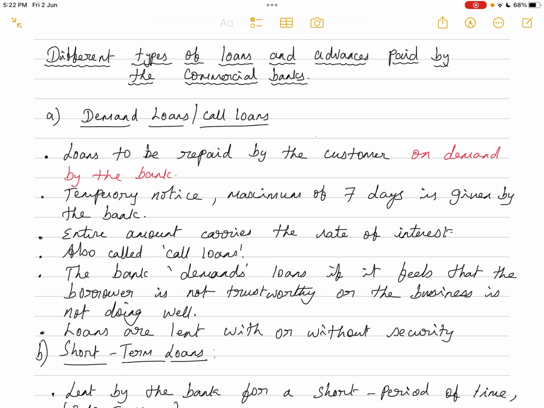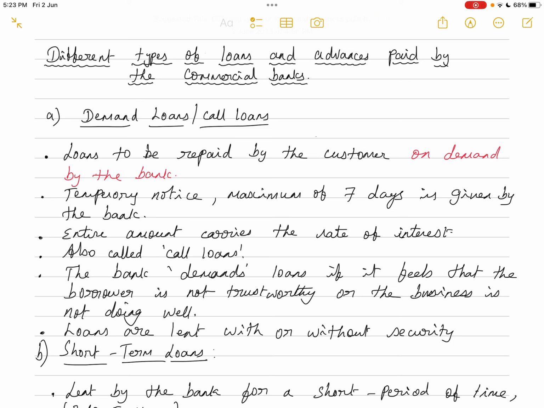Okay, this is only under exceptional circumstances, when the bank feels that the borrower is not trustworthy, or if the business of the borrower is not doing well. So the bank feels that the customer might not repay the loan.